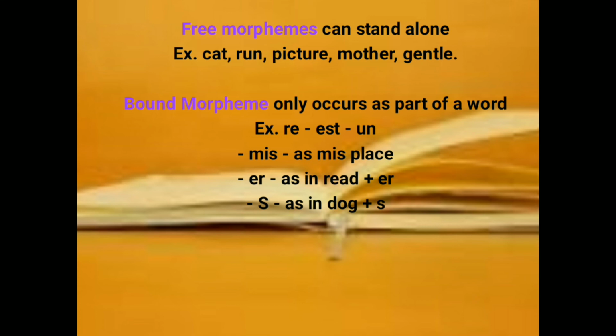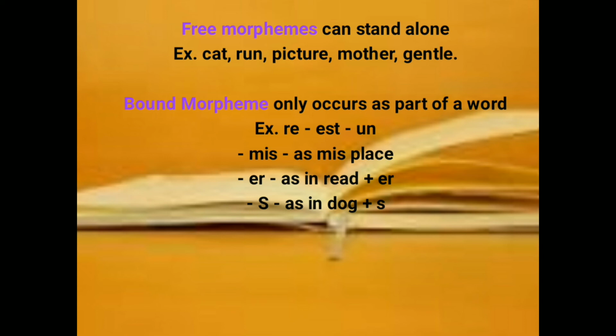So let's proceed to free versus bound. Morphemes can be either single words, which are free morphemes, or parts of words, which are bound morphemes. Free morphemes can stand alone.